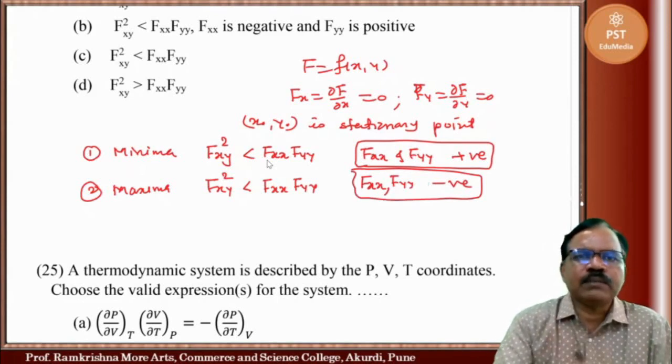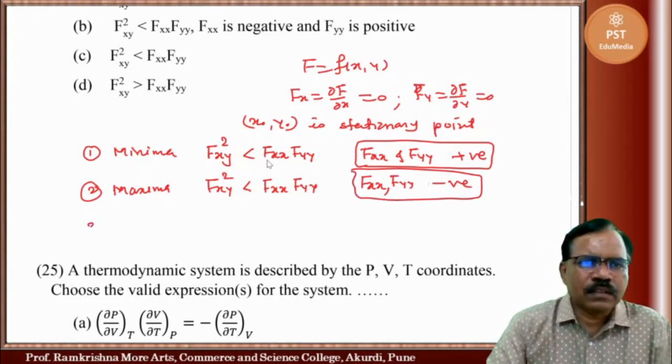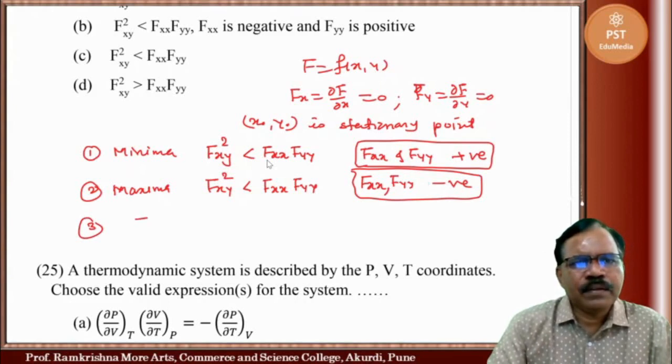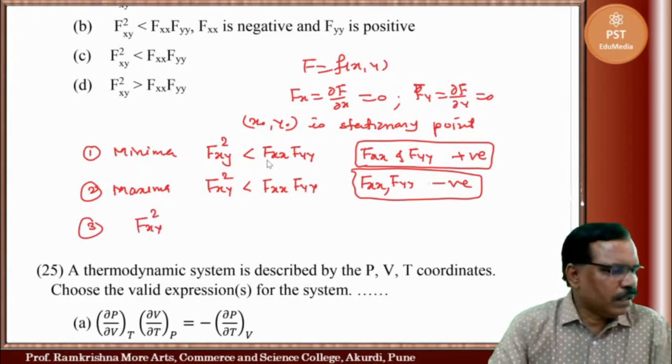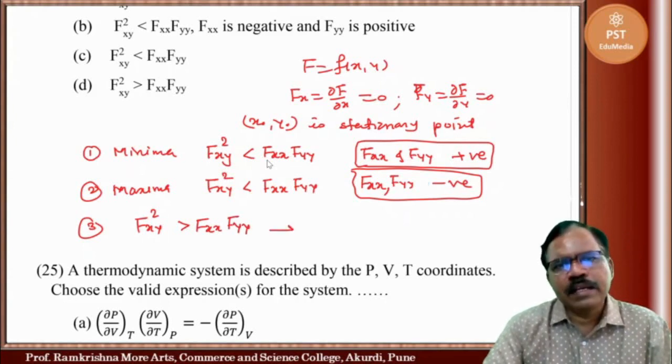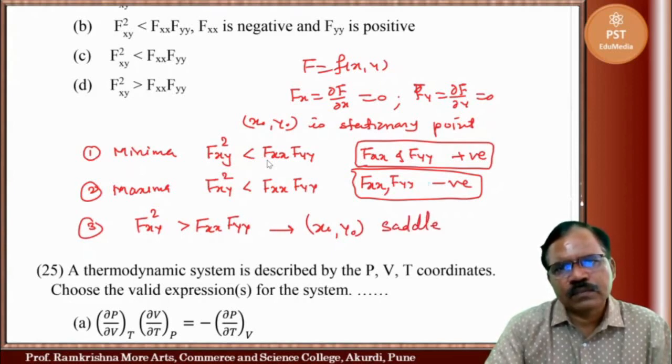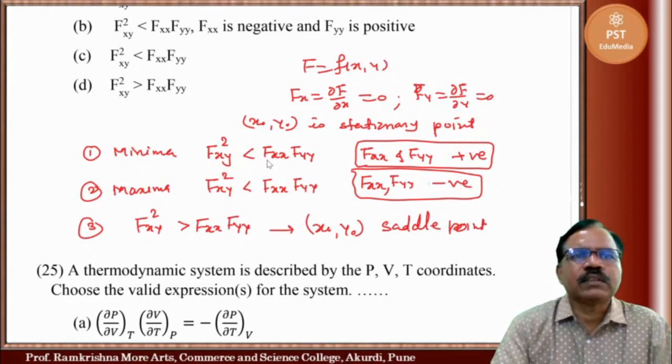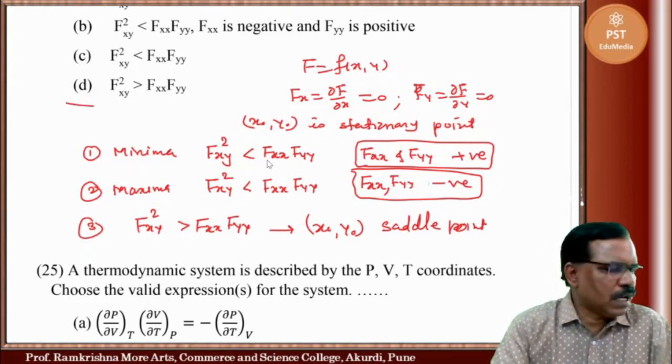And third, if fxy² is greater than fxx into fyy, then (x0, y0) is called saddle point. So here this last one is correct.